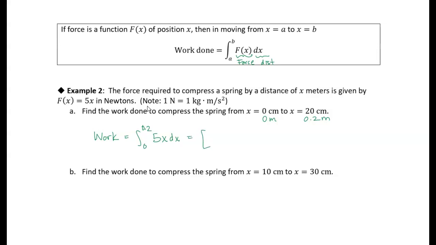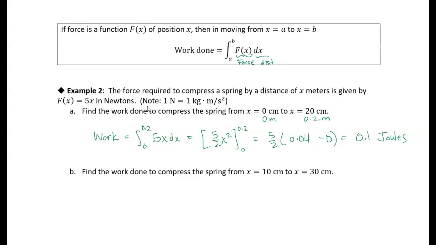When we integrate 5x, we get 5 halves x squared, and we're going to evaluate that from 0 to 0.2, which gives us 5 halves times 0.04 minus 0, which is essentially 0.1, and the units now are in joules. So it takes 1/10 of a joule to move that first 20 centimeters.